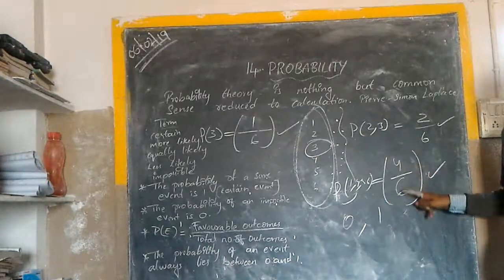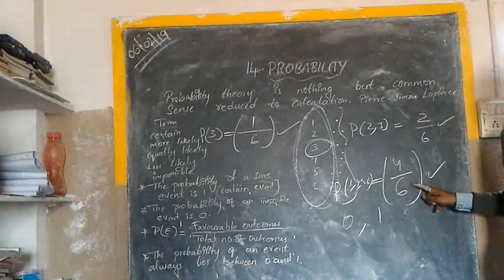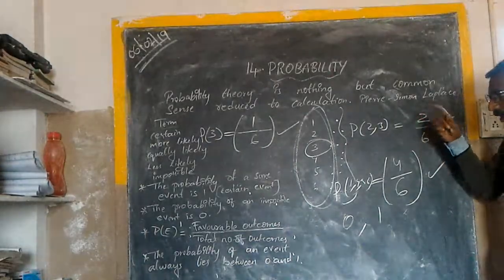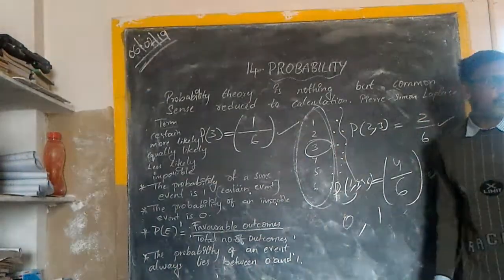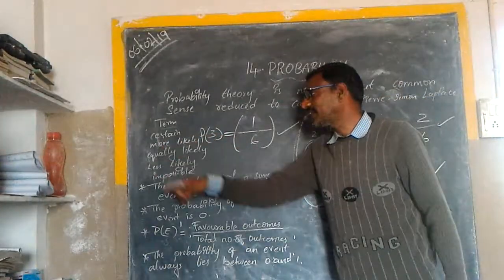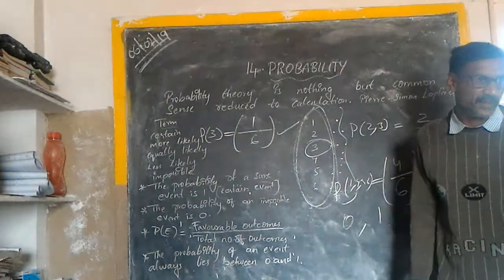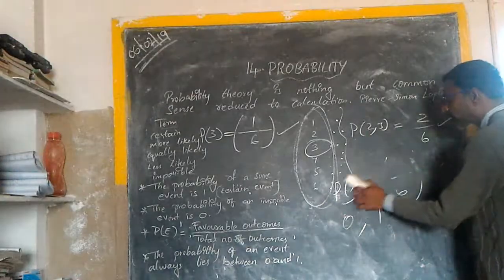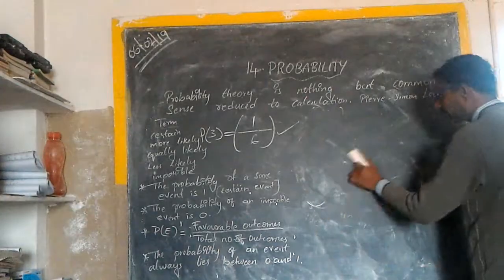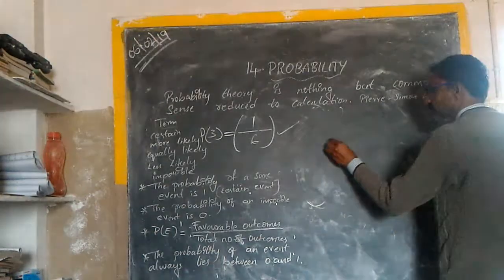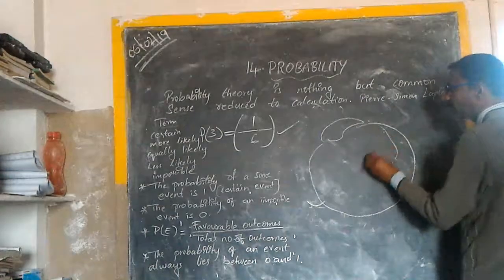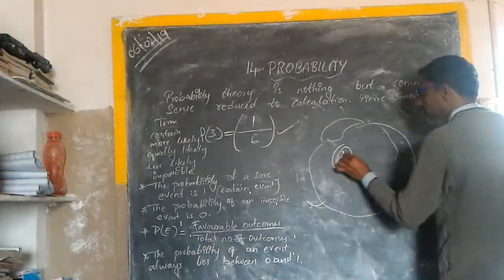The favorable outcomes by total number of outcomes is nothing but probability. Here some terms are certainly used in probability. The first one is certain. Certain means what? Suppose a bag contains some red balls.